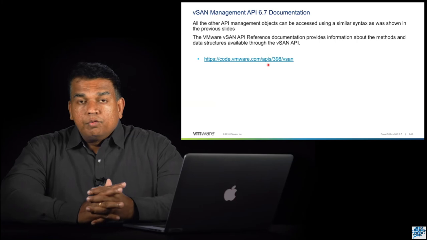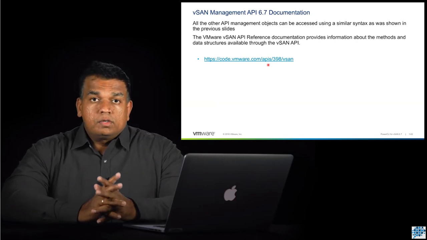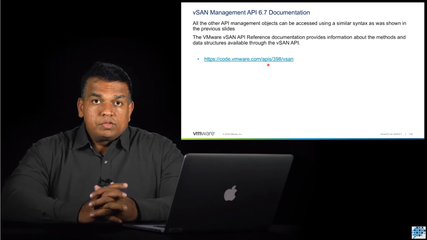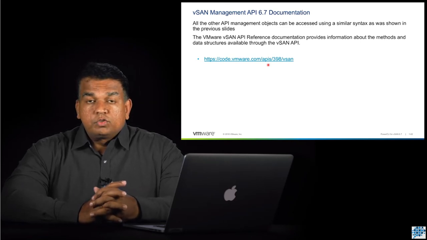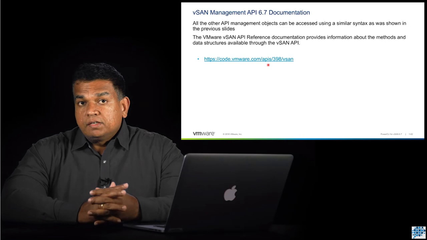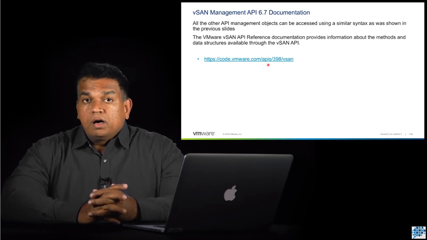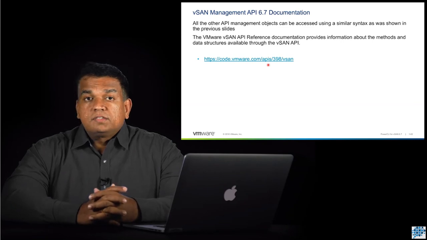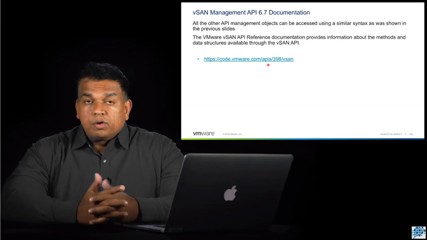In this video, we looked at some of the advanced concepts of using PowerCLI with vSAN, and particularly we saw how we can access the vSAN management API using the Get-VsanView cmdlet. In normal cases, you might not be required to do this.